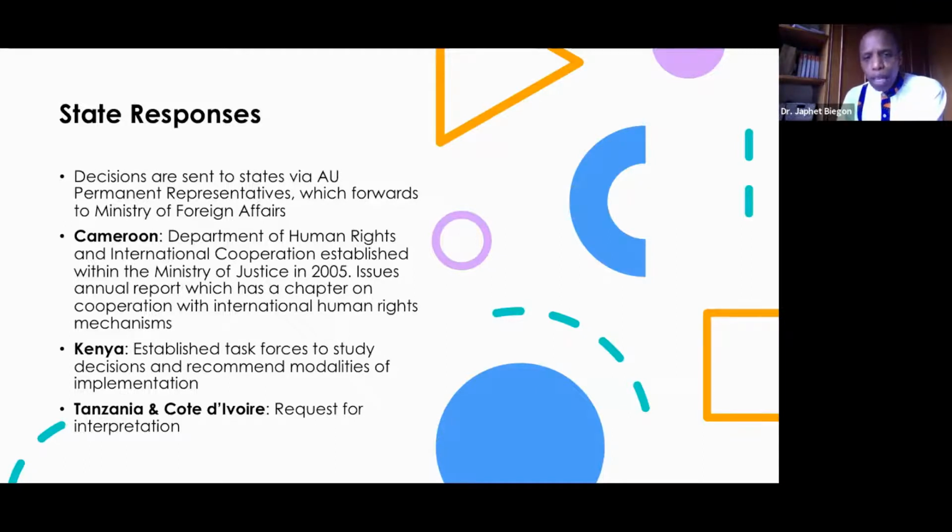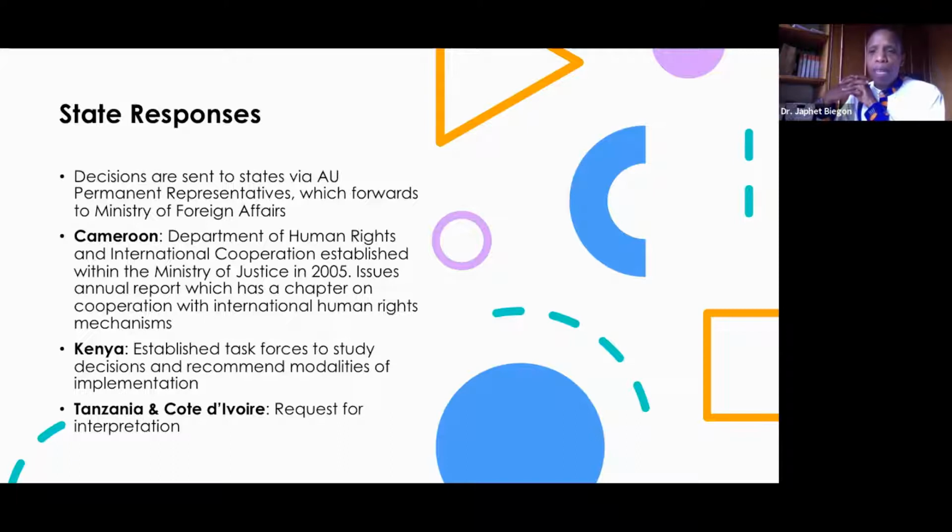From the Ministry of Foreign Affairs, it then goes, in many cases, to the Department of Justice. Then from there, the relevant departments and bodies that are responsible for implementing a decision are triggered or activated to act. As you can see, this is often a very bureaucratic, long process.